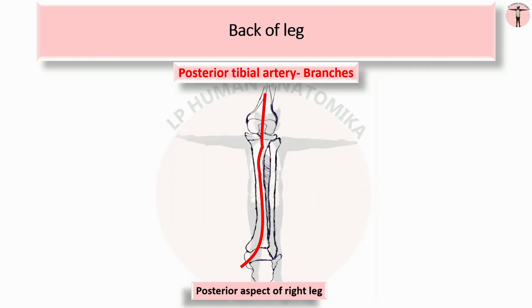The other branches of posterior tibial artery arise through the course of the artery.